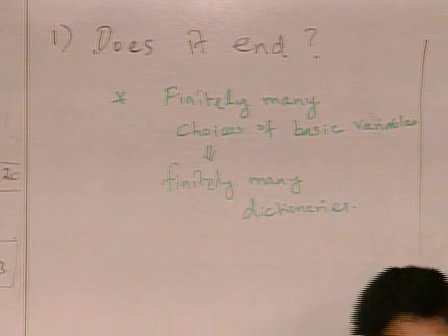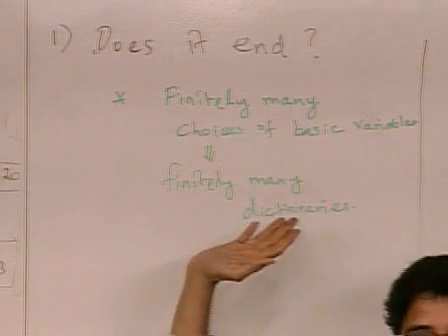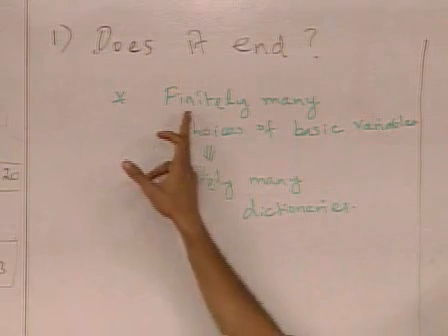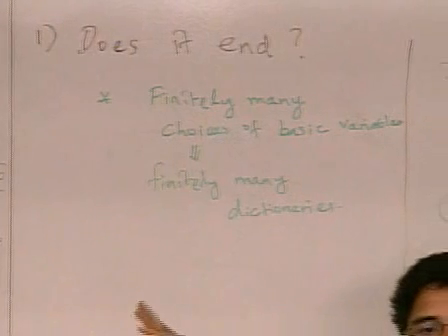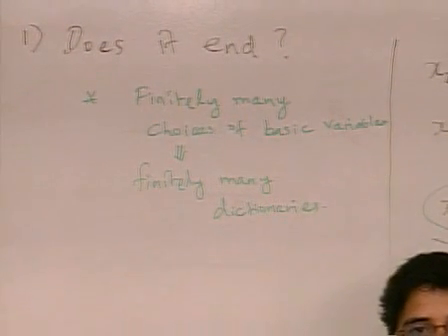Now, does the fact that there are finitely many objects mean that this will end? It is true that there are finitely many objects. Therefore, to solve a linear program, you just have to enumerate all possible choices of bases and check whether that representation gives you all negative coefficients for the objective function.